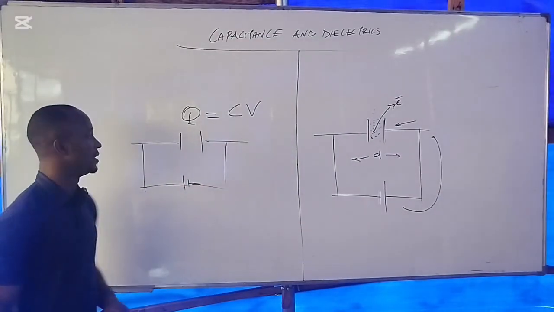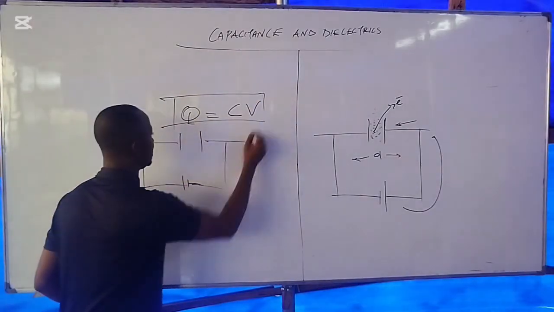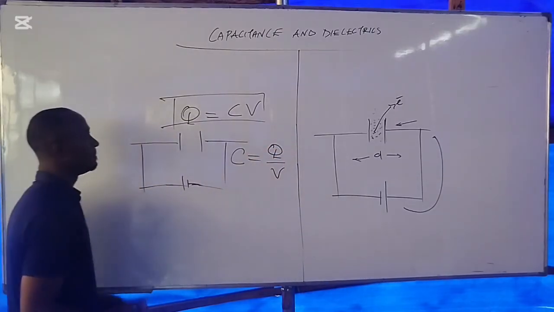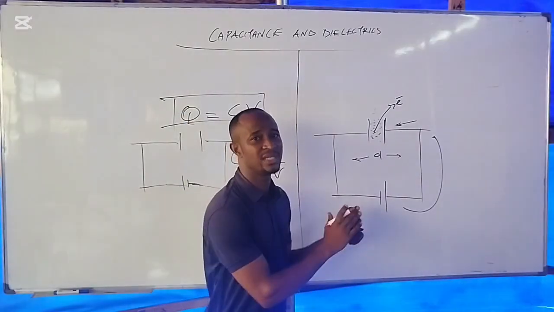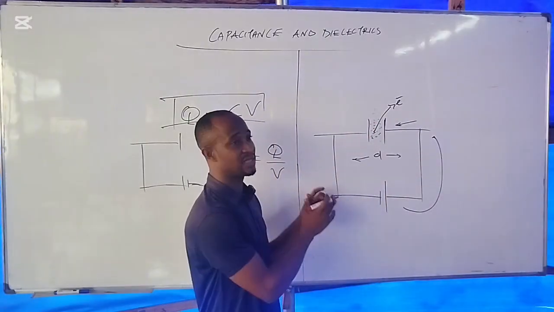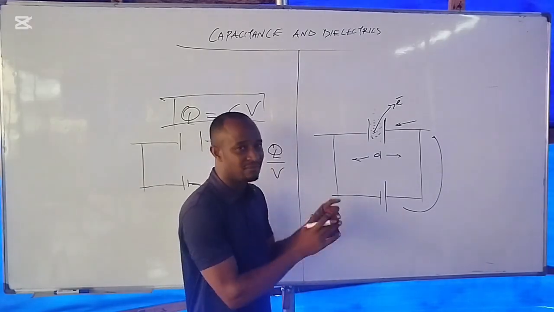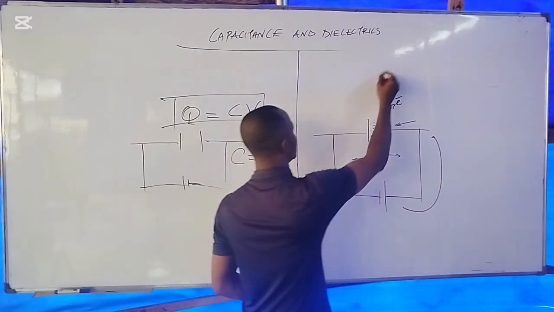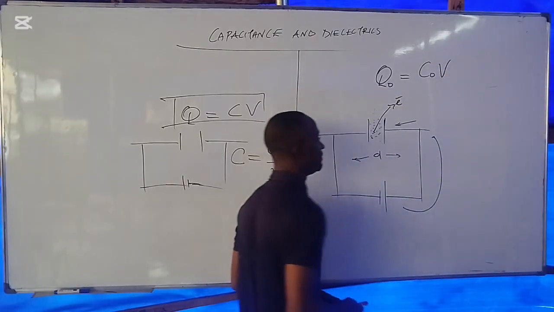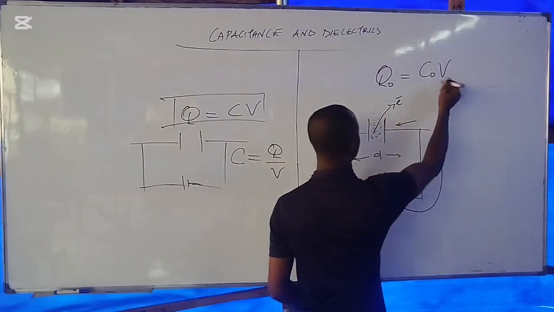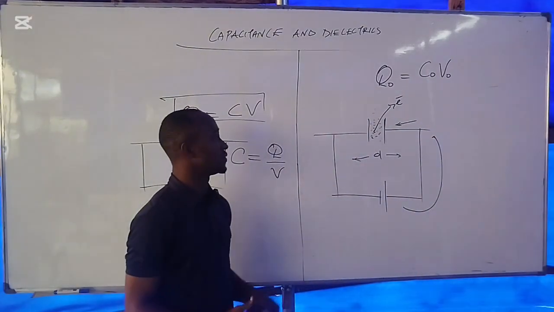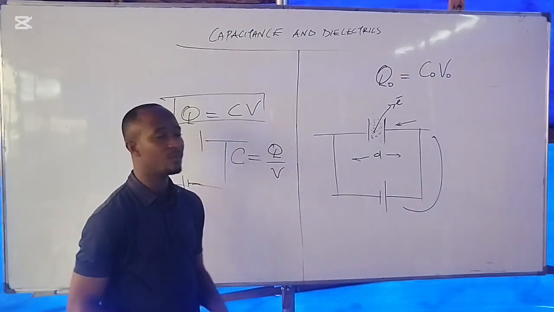Now, from this expression, we can deduce that our capacitance is equal to charge over V. But because air represents the dielectric material, the charge acquired by this capacitor when air is the material between the two parallel plates is given as Q naught equals C naught times V naught. Q naught equals C naught times V naught. Why are we saying that?